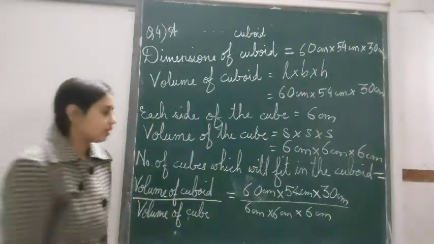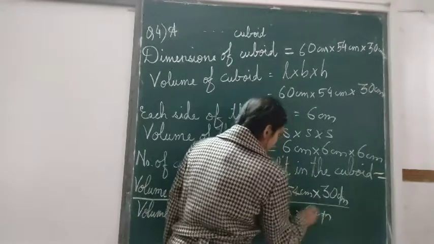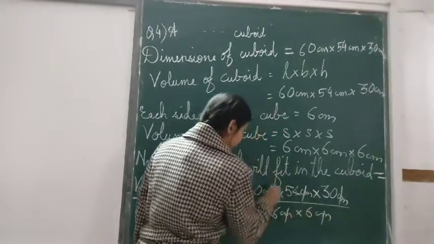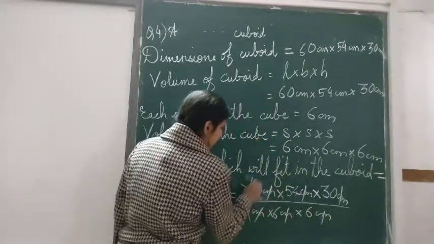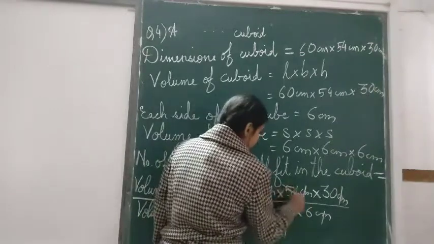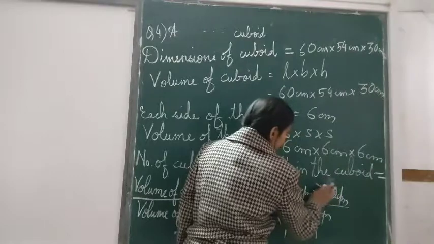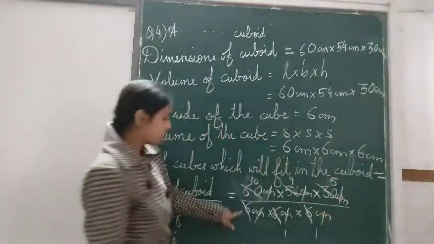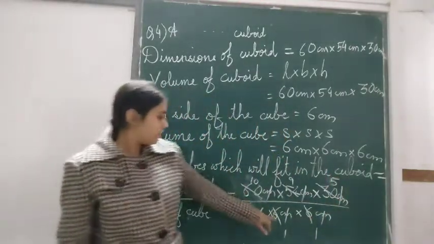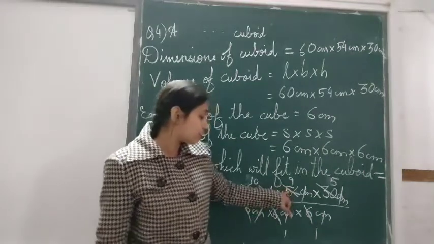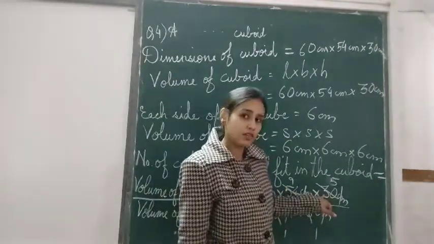Okay. Now we cancel the centimeters. 6 ones are 6, 6 nines are 54, 6 fives are 30. Okay. This 6 divides this 60. This 6 divides this 54. This 6 divides 30.